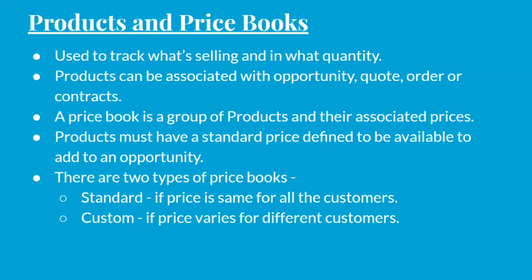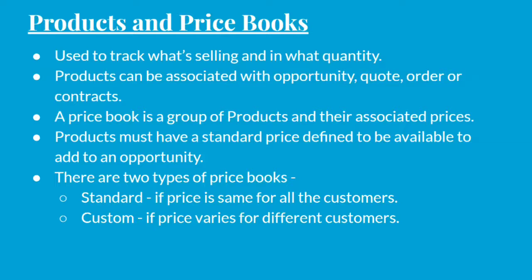Products must have a standard price defined to be available to add to an opportunity. So you should have a standard price list for all your products. Then only you can associate that with the opportunity, because if you don't have a price, does it really qualify as a product? If you want to sell something, you should have a price for it.